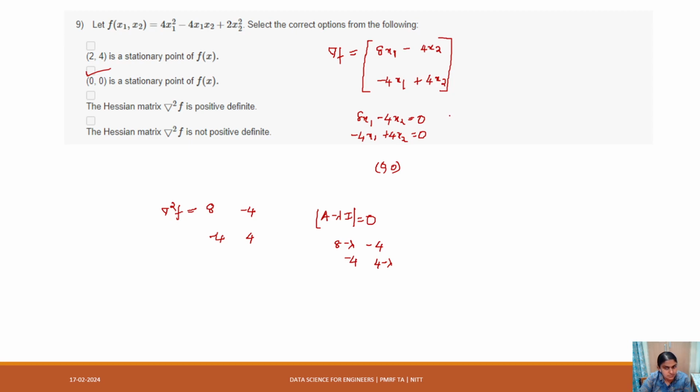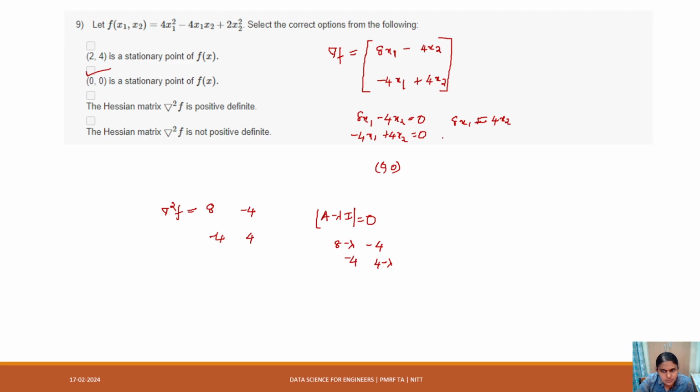That we will see. In this case what you have to do is that other points are also coming. Yeah, so here you are right, this will be 8x1 equal to 4x2, that is true, and the other one is coming x1 x2 equal to 0. So those points are also coming.